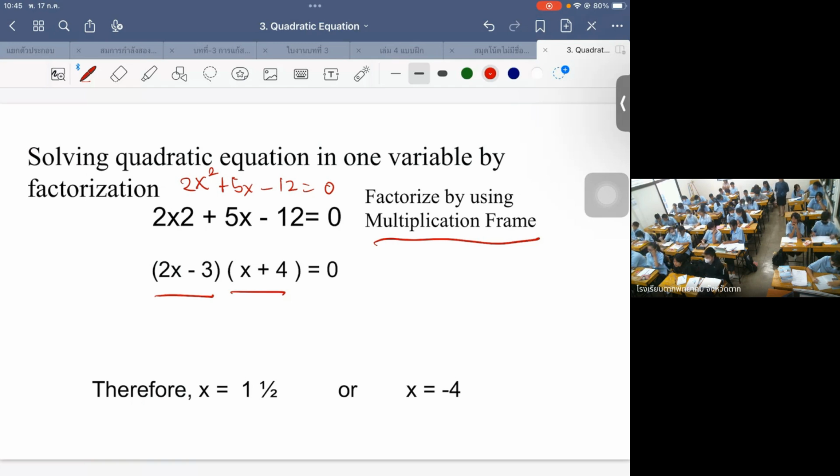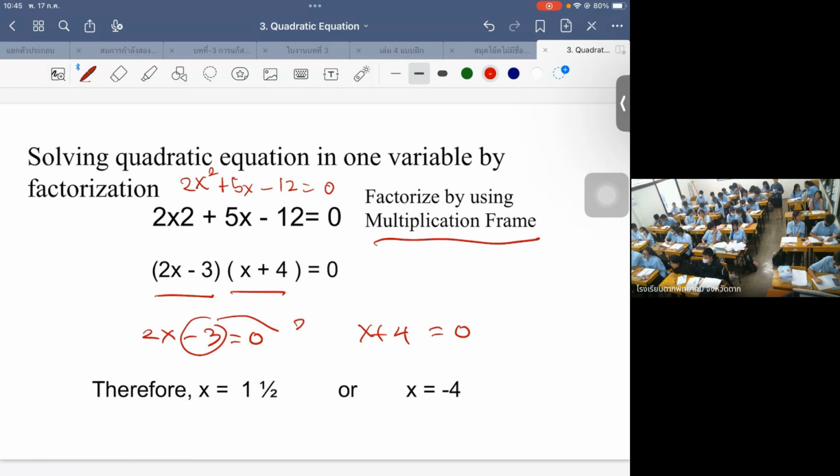And then, doing a quadratic equation, we have 2x minus 3 is equal to 0, and then x plus 4 is equal to 0. And then transpose, it will become positive. So we have 3 half, positive 3 half, or simplify answer is 1 and 1 half.